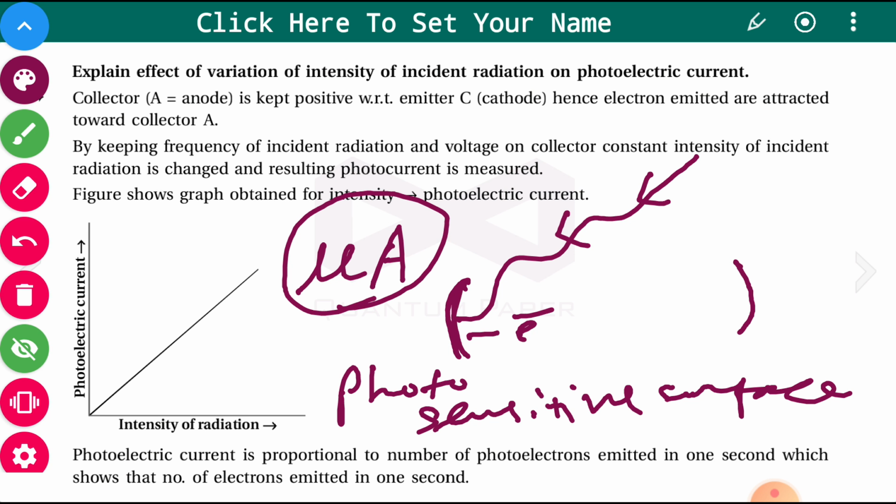It means that more intense light increases the number of photoelectrons emitted by the photosensitive surface.